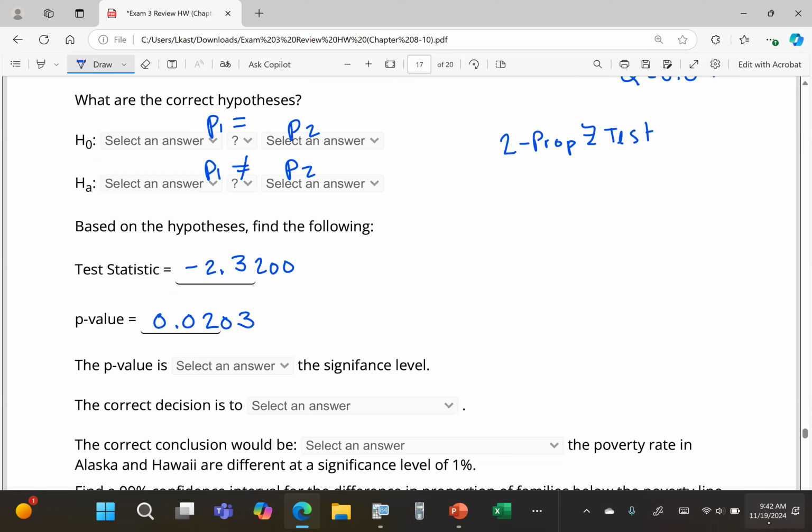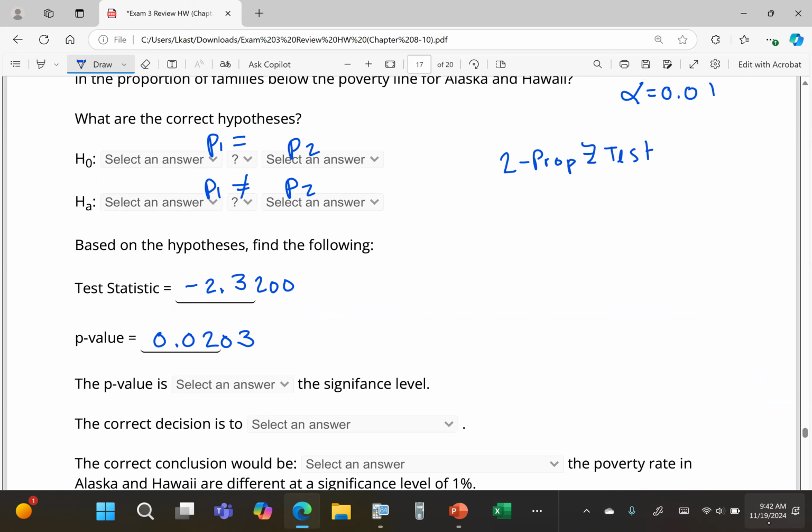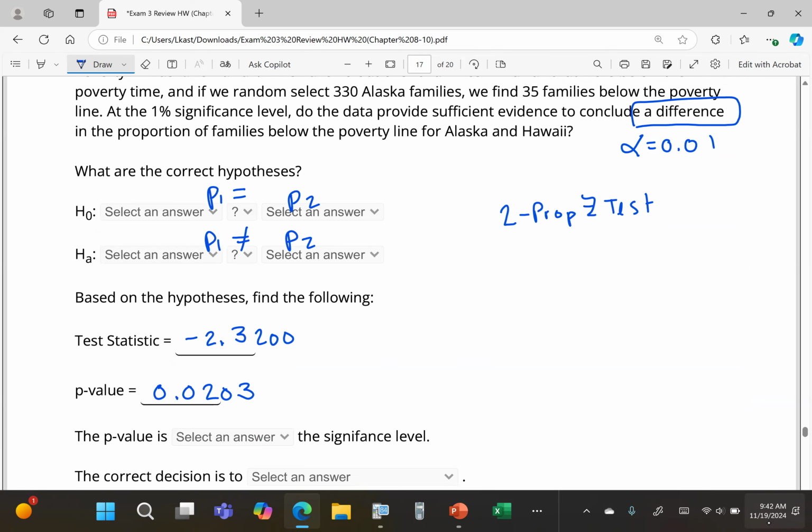Thank you. So is that p-value greater than or less than the level of significance? Is it greater than? And I apologize again, every single one of the problems on my review is reject or fail to reject.